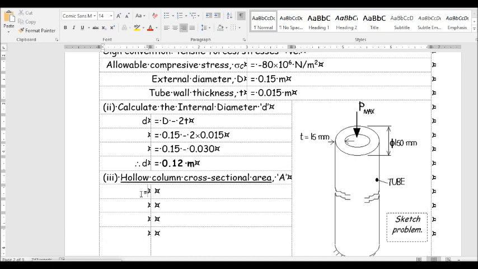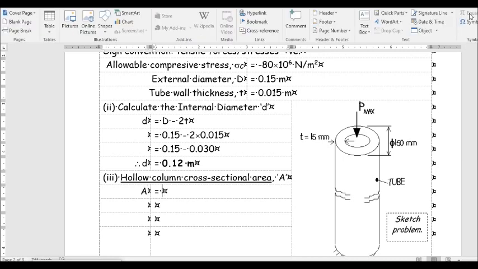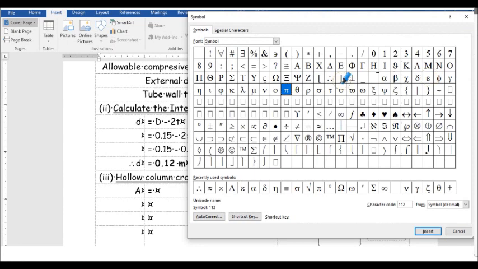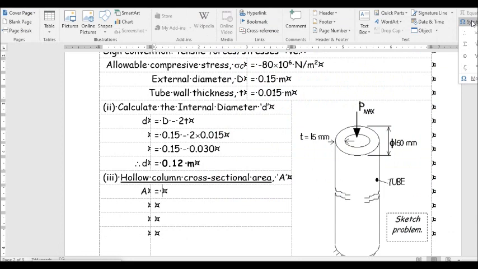So now I state the formula for the cross-sectional area of the hollow tube, which is actually an annulus. So the area is equal to, insert the symbol for pi, here's the pi symbol, open bracket, the outside diameter squared minus the inside diameter squared, and that's all divided by 4.